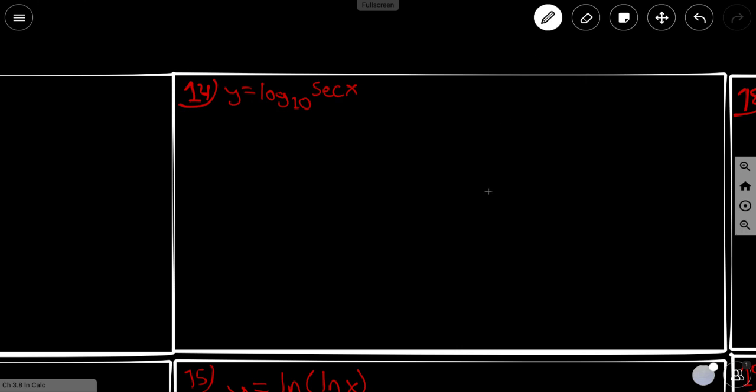So for this problem, I want to bring up this rule because I'm going to use this one here. So let's go ahead and start first by rewriting.